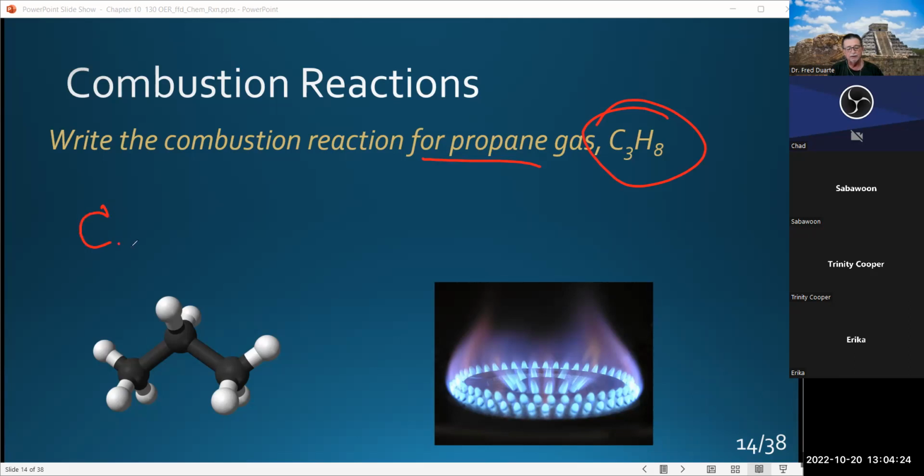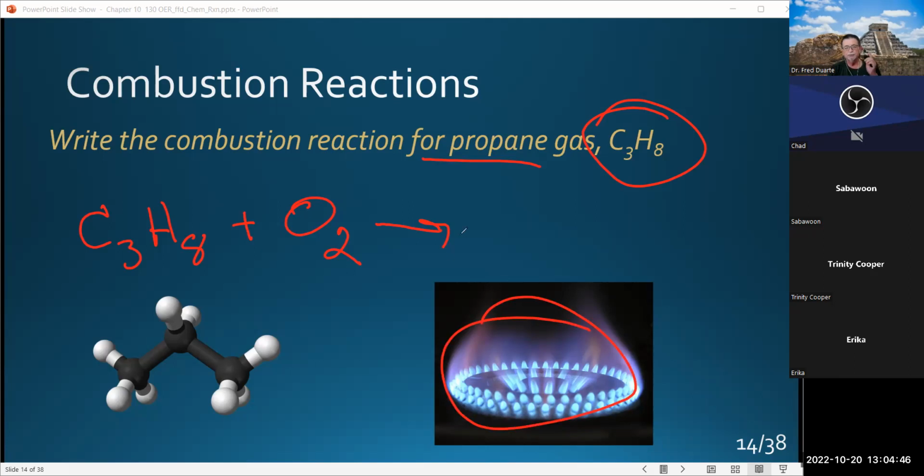And so we can write that down. We know that here's the formula because that's given for propane. And obviously, oxygen is required for this propane to burn. Okay, without oxygen, nothing will burn. You will not get a flame right here with no oxygen.